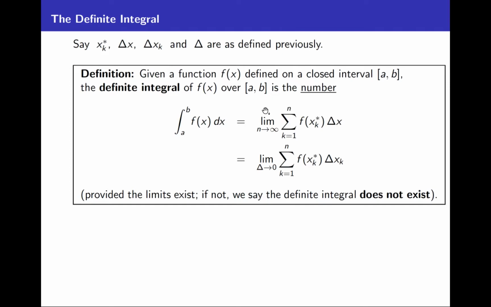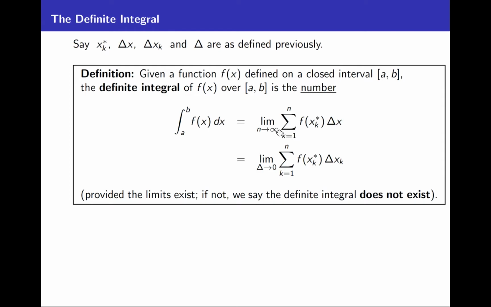In other words, it's that limit that gave us area in the first definition of a Riemann sum with regular partitions. And also, since the second limit for the general Riemann sum also gave us area, that number is also equal to this limit: the limit as delta goes to 0 of the sum from k equals 1 to n of f of x sub k star times delta x sub k.